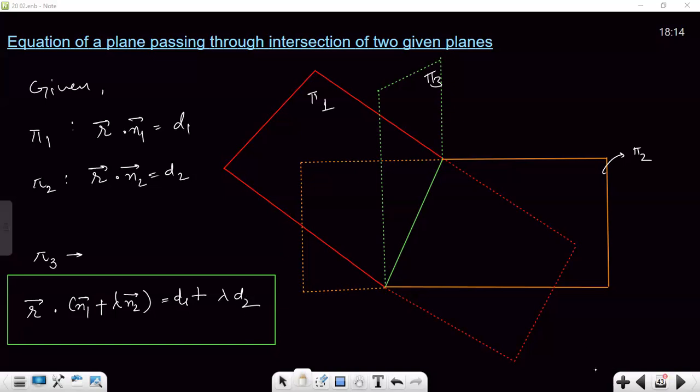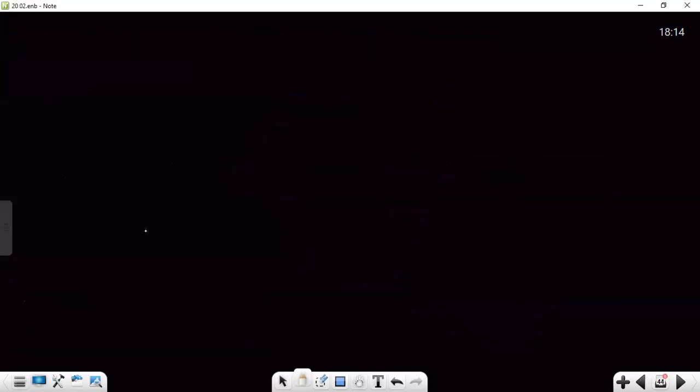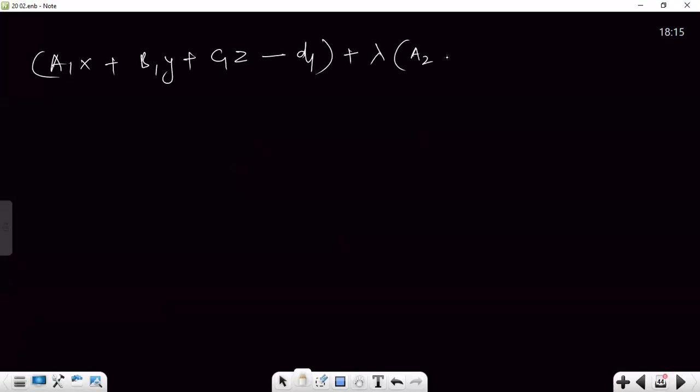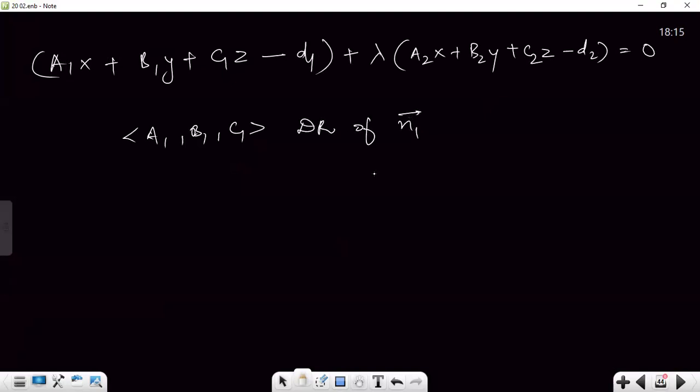So the Cartesian form comes out as a1x plus b1y plus c1z minus d1 plus lambda into a2x plus b2y plus c2z minus d2 is equal to 0, where a1, b1, c1 are the direction ratios of normal vector 1, and a2, b2, c2 are the direction ratios of the normal vector of the second plane.